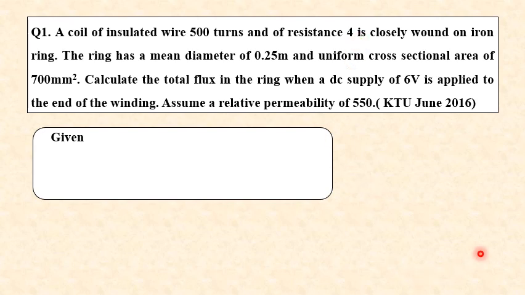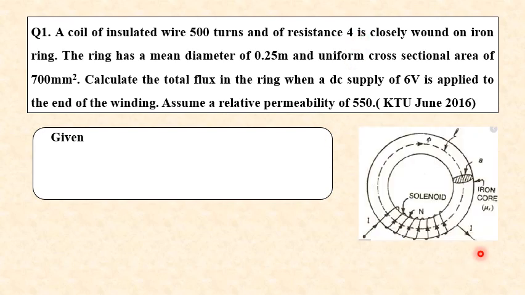So we can draw the figure like this: a coil is wound on a ring, and the coil is having some turns and also a resistance.